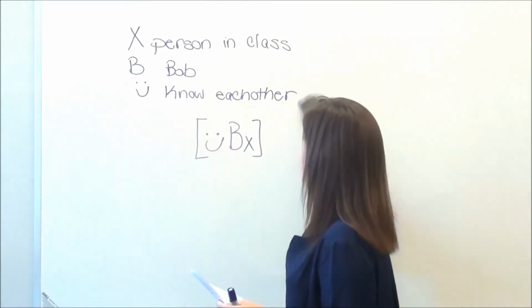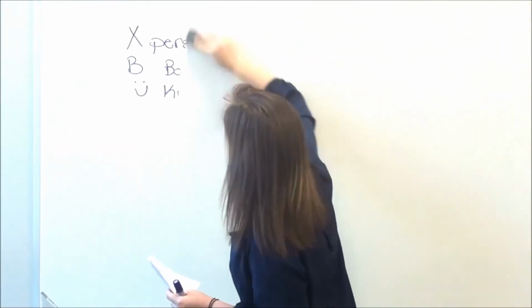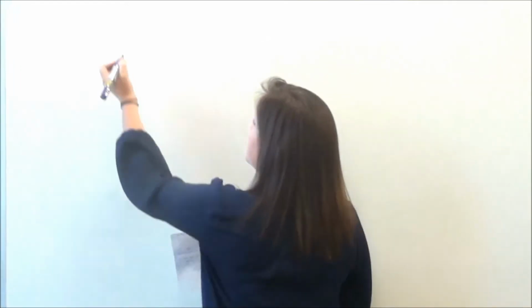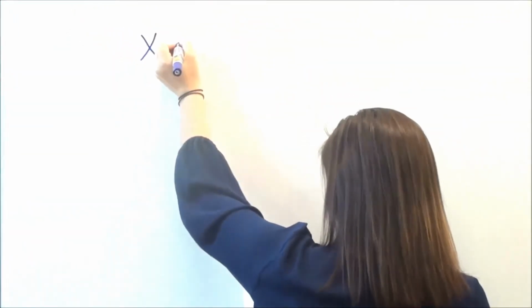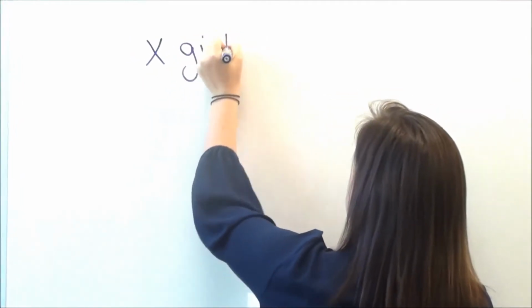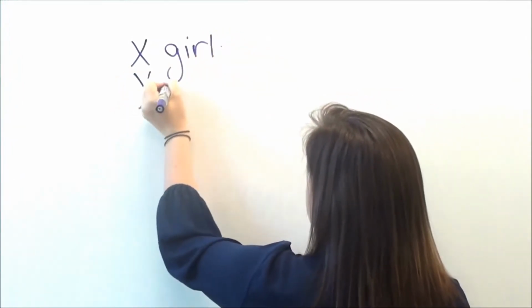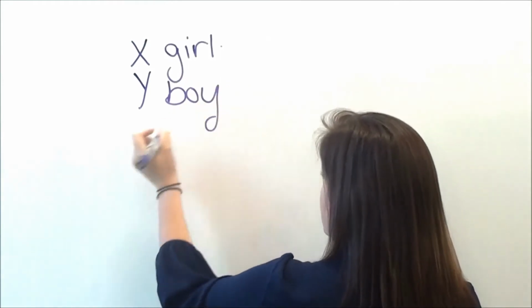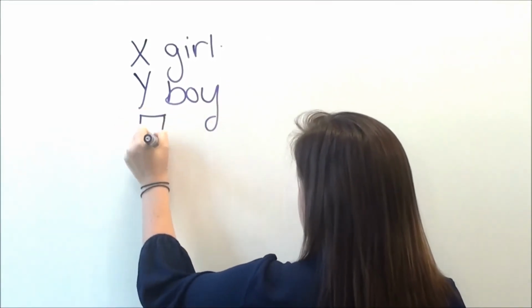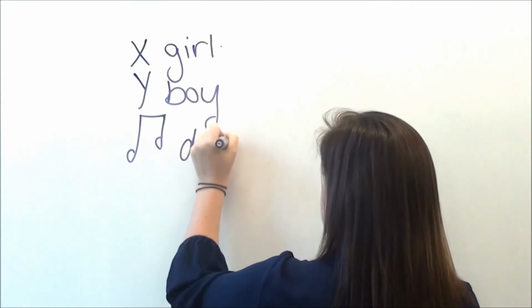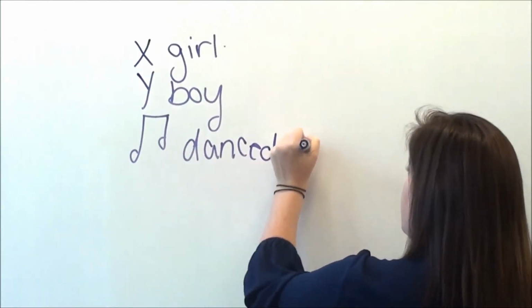Now that we've defined all of this, we can move on to an example that will bring all three of our new terms into play: free variables, bound variables, and quantifiers. So we're going to say that we're at a dance club. At this club, we are going to use X to represent our girls, Y to represent our boys, and this little music note to say that they danced with one another.